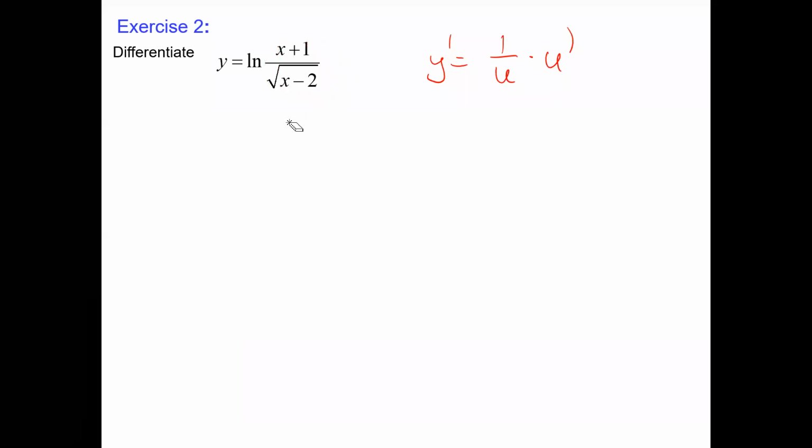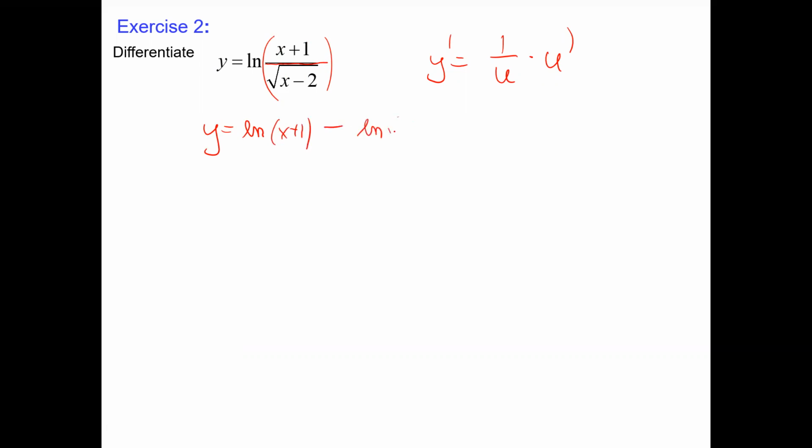But in this case, before starting the differentiation process, we may use the properties of the logarithm. If the input is a quotient, this indicates the subtraction, the difference of two logarithms.